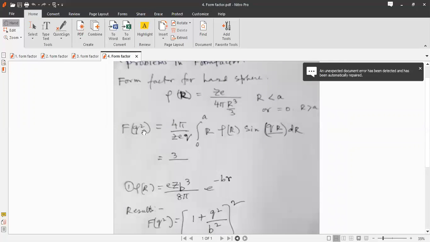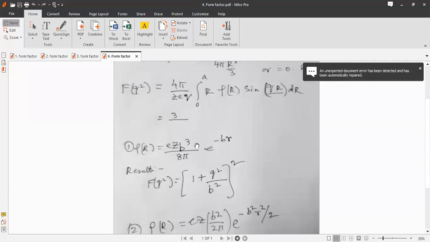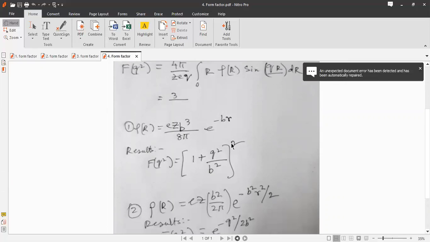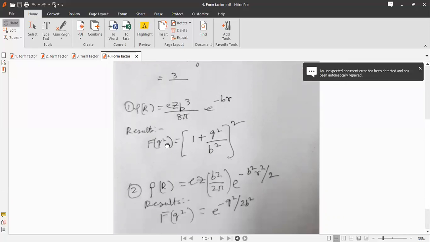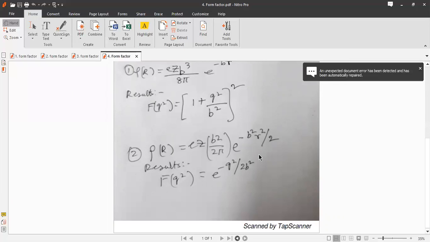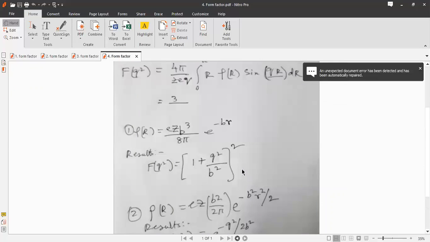Calculate what the form factor is if the distribution is given by some exponential function, exponential of minus b r, and calculate the value of F(q) square. Here the result is already given, so you just check whether you got it. Here we have also given a Gaussian type of distribution, a Maxwell-type distribution. For this kind of distribution, you can see what the value of F(q) square is.